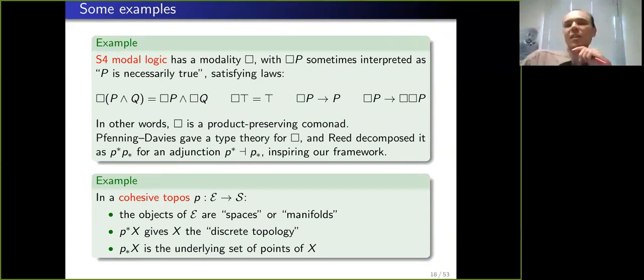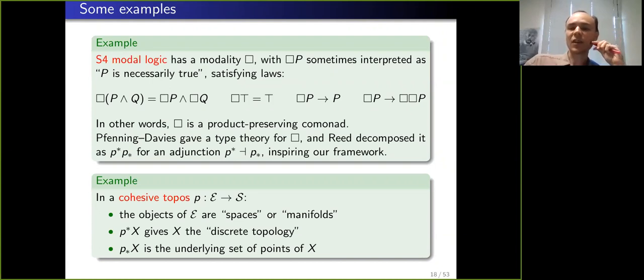This is an operation on propositions, which expresses the idea that something is necessarily true, whatever that means, and it satisfies some laws, which basically make it into a product-preserving comonad on propositions. A type theory for this sort of operation, which is well-behaved type theoretically, was given by Pfenning and Davies, and then Jason Reed decomposed that comonad into the composite of a left adjoint and a right adjoint, with a type theory for these adjunctions.